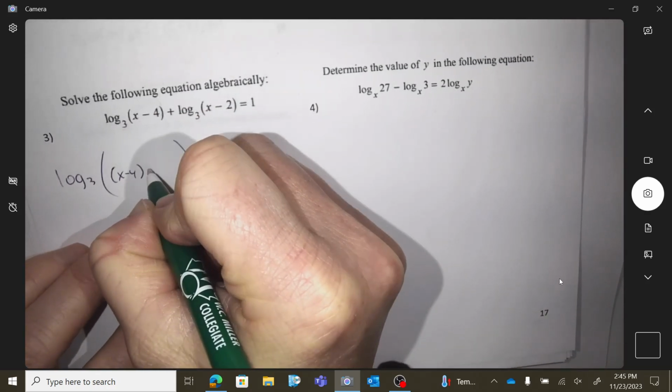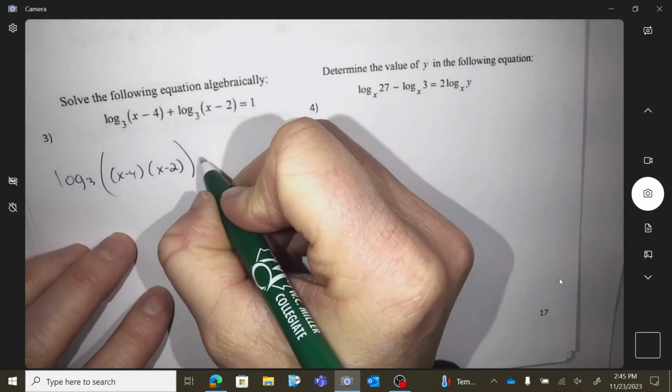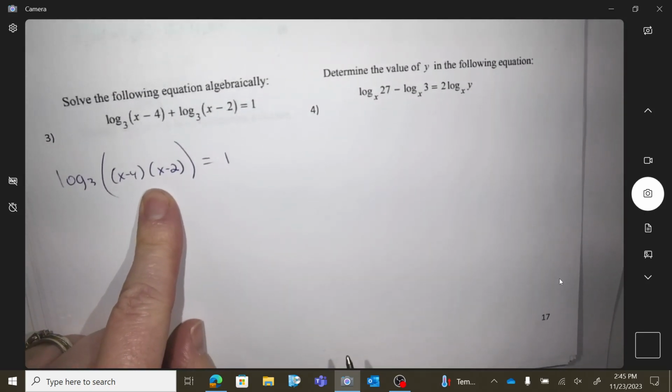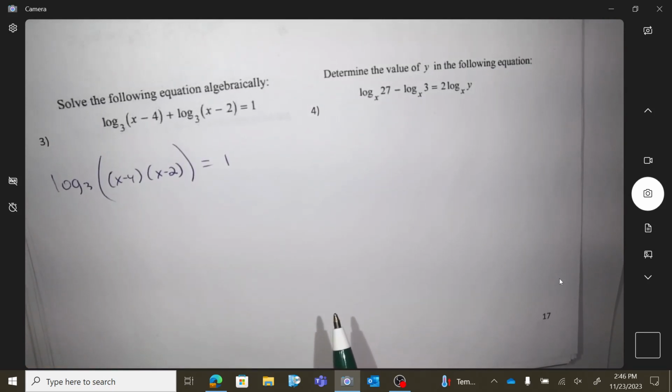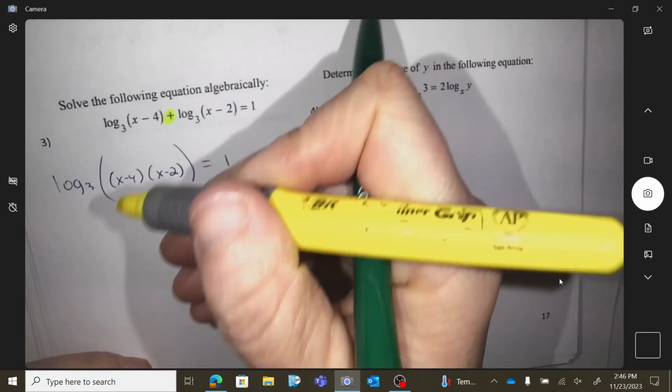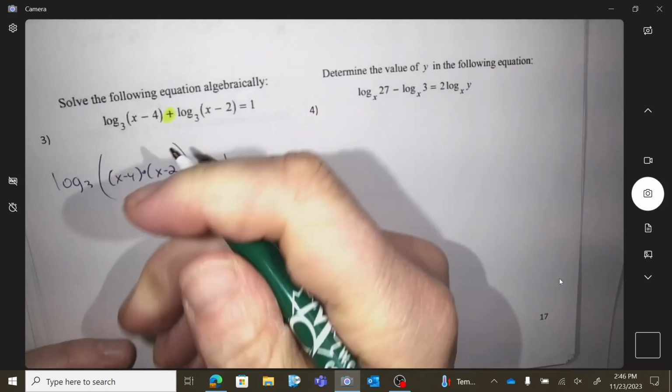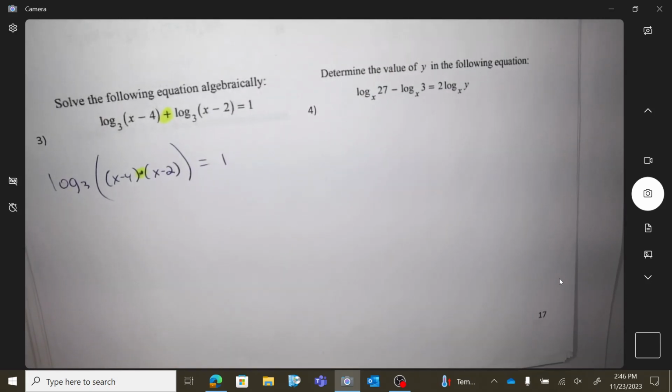So I'm going to glue the 2 items together with multiplication. Right? Does this make sense? Addition becomes multiplication, glued, right?